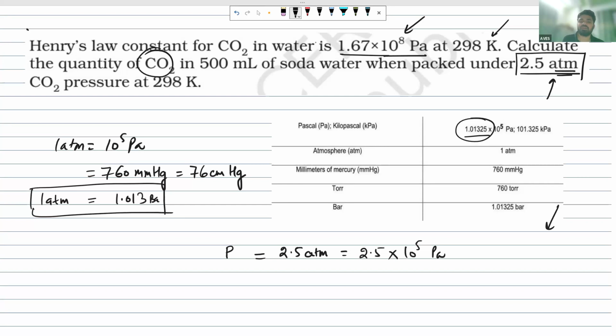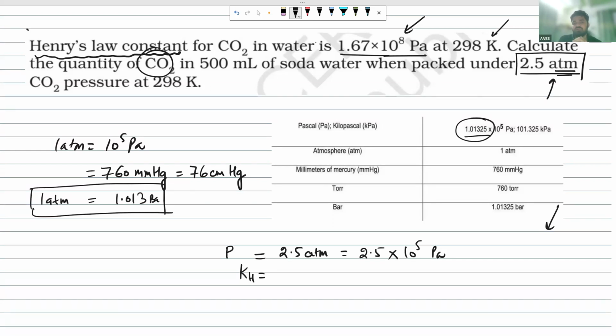Now what is the value of KH in the given question? KH is Henry's law constant.